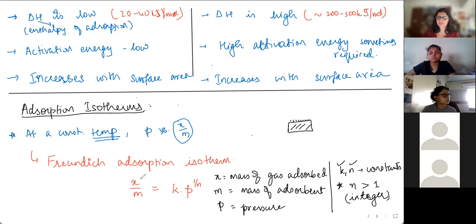So you can measure adsorption, how much adsorbed. That fraction is equal to k into pressure raised to the power 1 by n. Basically, it's directly proportional to a root of pressure.